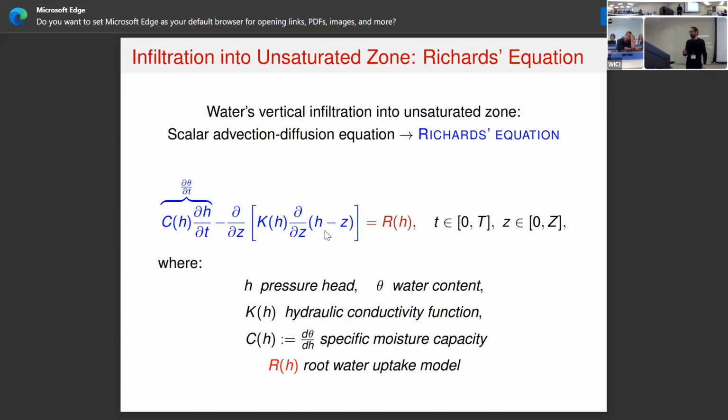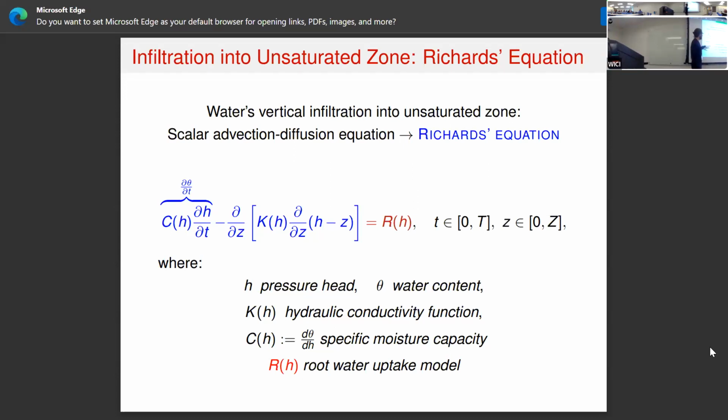It has been validated over the last three to four decades, I would say. It is a nonlinear partial differential equation that describes the evolution of either the pressure head, h, or the water content, theta, that is also called the moisture, in terms of hydrological parameters.